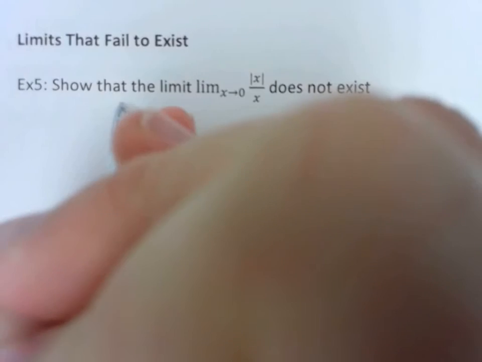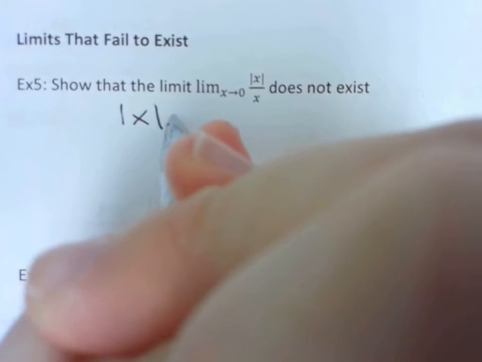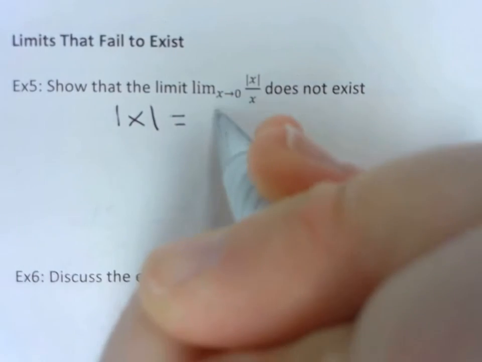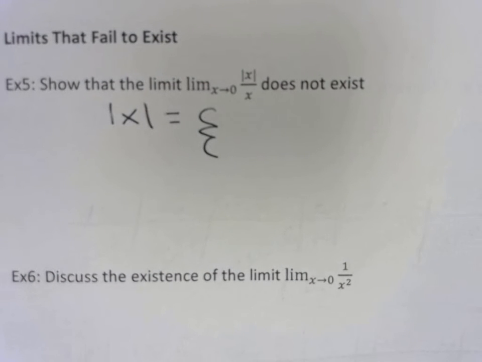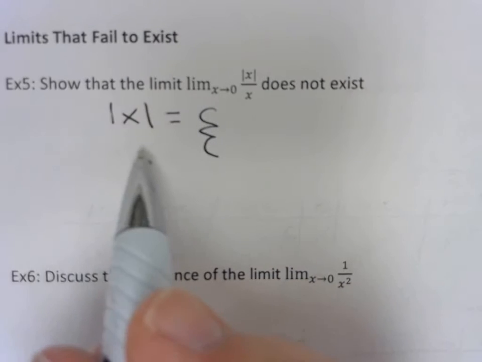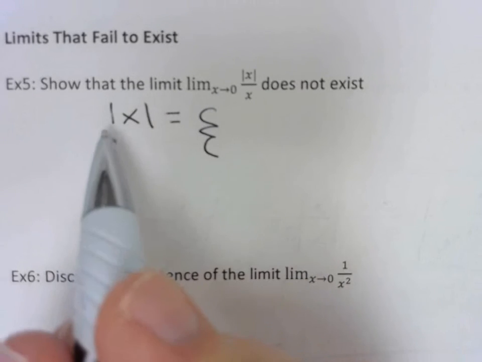The absolute value of x: remember what the definition of the absolute value means. Absolute value has a negative part and a positive part to it. The definition of the absolute value is distance from 0. So this is saying I have a distance of x from 0.